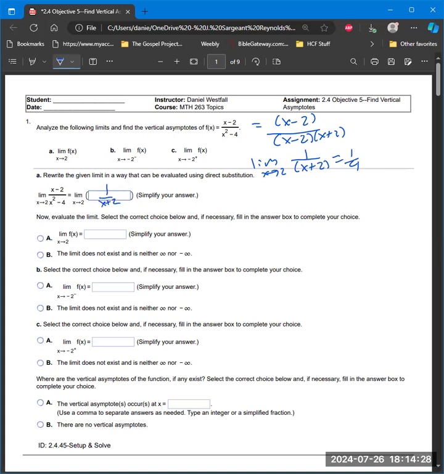And then as I get close to -2 from the left, -2 is what was giving me the 0 down here still. So as I get close from the left, I'm going to have a negative in the denominator. Positive divided by a negative is a negative. So I'm going to get close to negative infinity.